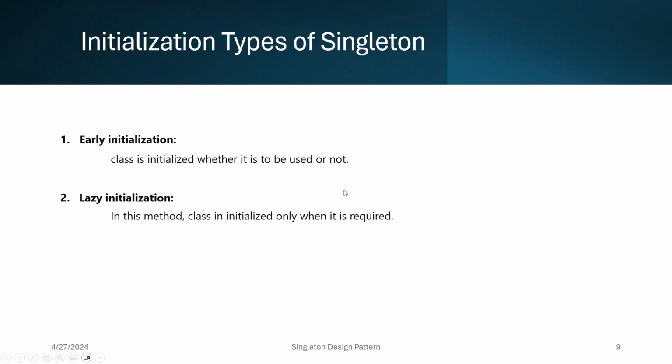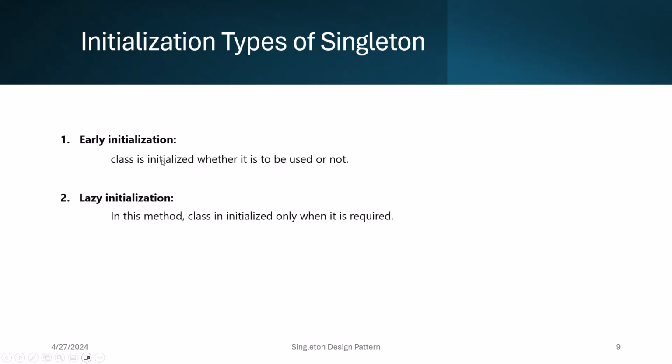Now let's see, there are different types of initialization we use for singleton. There are two types: one is early initialization and the other is lazy initialization. In early initialization, the class is initialized whether it is going to be used or not. Even if we don't want to use that singleton object, it will get initialized.